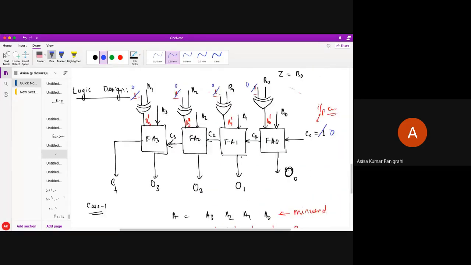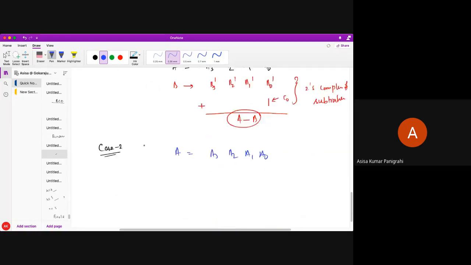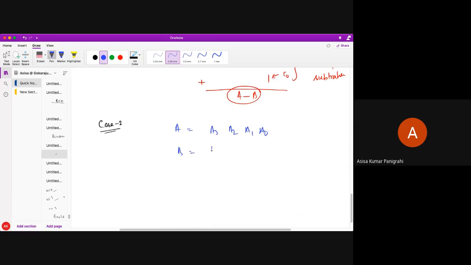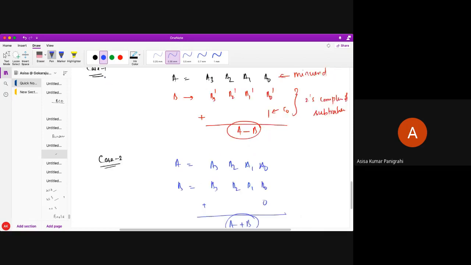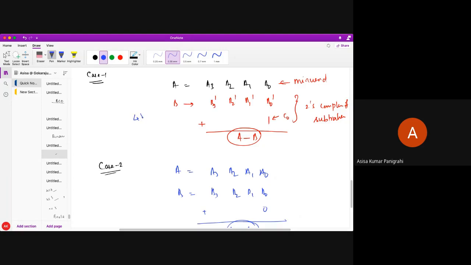Since I have given all these B as 0, I am getting B3 instead of B3 bar, B2 instead of B2 bar, B1 instead of B1 bar, and B0 instead of B0 bar. Okay, are you all understanding? So I have got B as it is here, B3, B2, B1, B0, and this is also added with carry 0, so what I'll get is A plus B. The earlier one is called a 4-bit subtractor circuit, and this is called a 4-bit adder circuit.